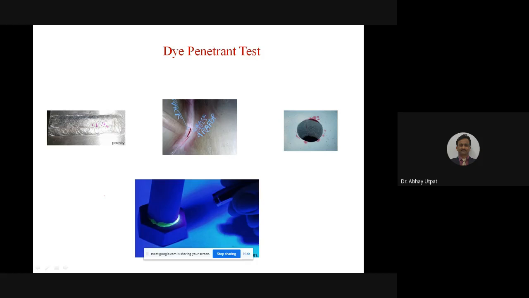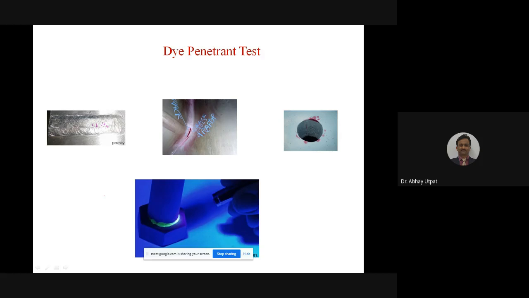In the dye penetrant test as well as in the magnetic particle test, there is one concept: fluorescent color. What is the concept of fluorescent color? Fluorescent color is the color which shines in the presence of ultraviolet light.